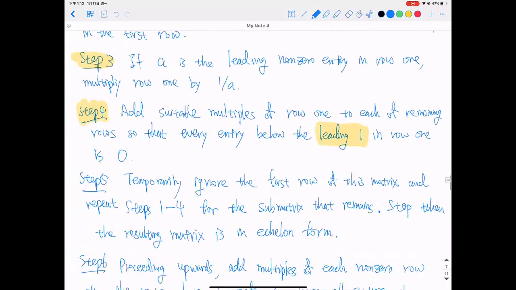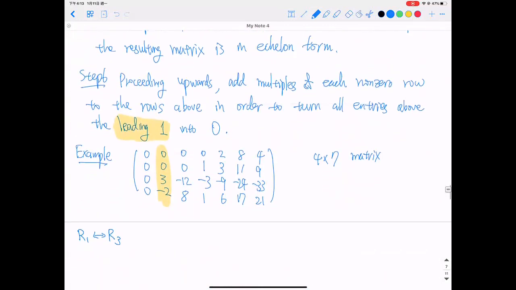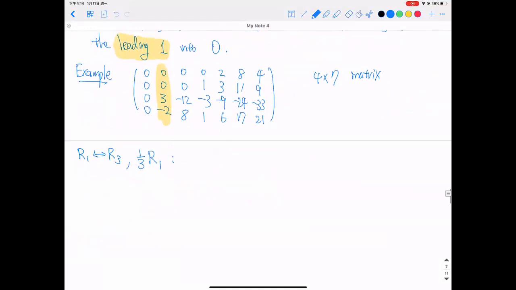So for that matter, we exchange R1 and R3, and we follow that by multiplying the new R1 by 1/3. Okay, and the outcome is this.